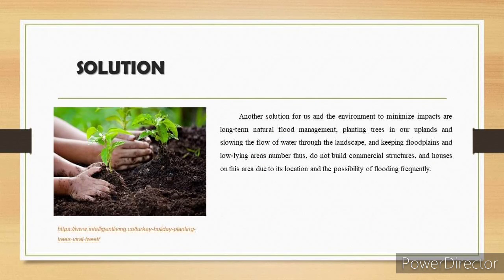Due to the advancement, urbanization, and increase in population, the number of trees are decreasing. So very good recommendation, very beautiful solution na to eliminate flood but to lessen its effect is to plant trees.